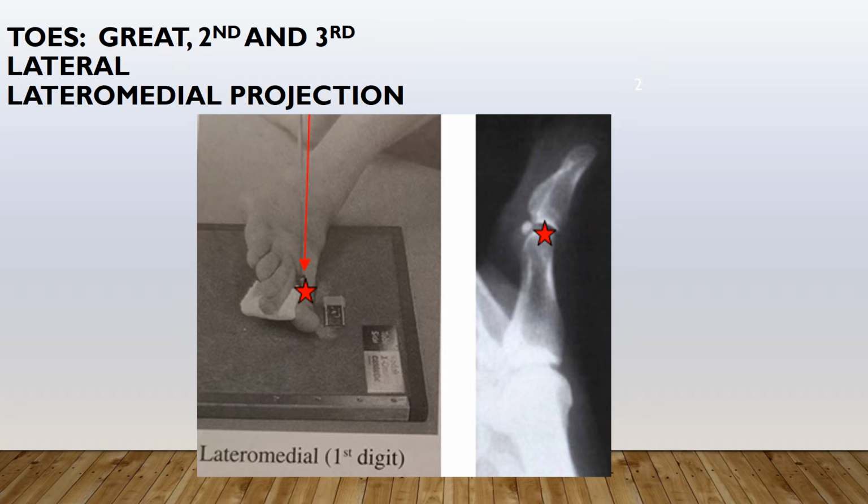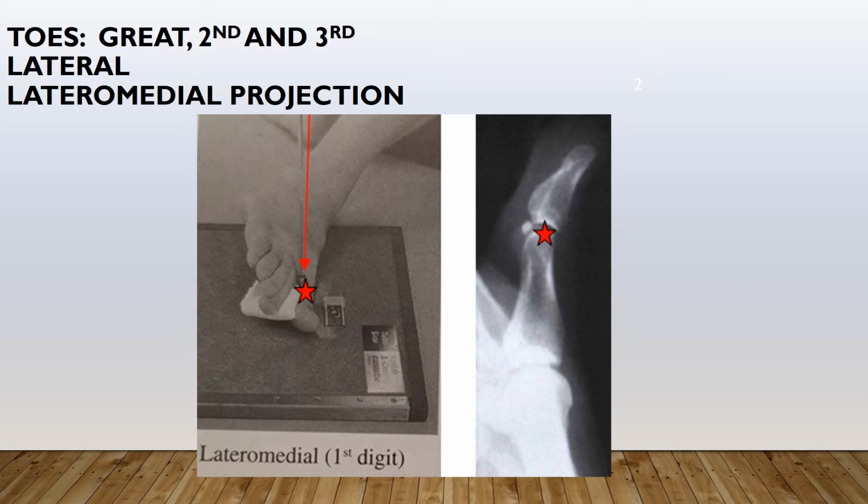And then the central ray is going to be perpendicular to the interphalangeal joint for the great toe and perpendicular to the proximal interphalangeal joint for the second and third toes. I'm also going to make sure that I have a lead marker for the digit of interest, and a right or left marker indicating the right or left toe.